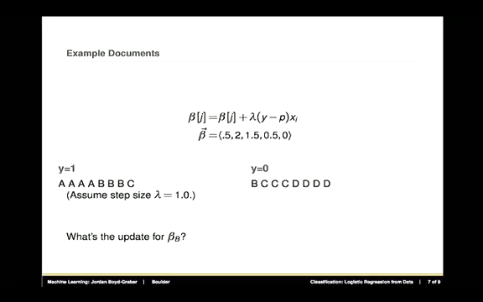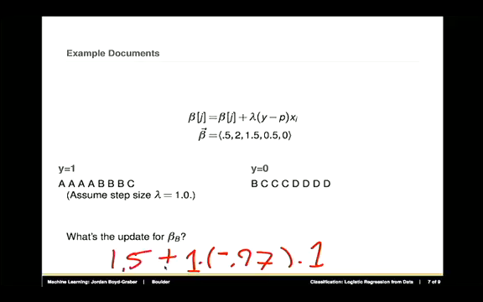So let's walk through this. What is y minus p? Negative 0.97, and then the learning rate is still 1, and then how many xb's do we have? 1. And what was beta B before? 1.5.